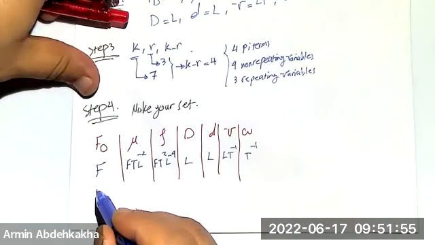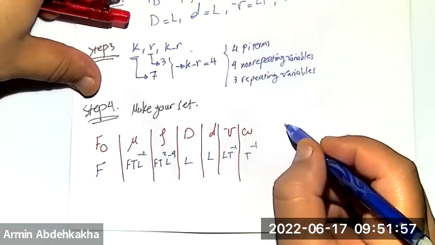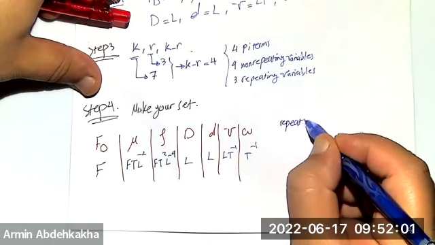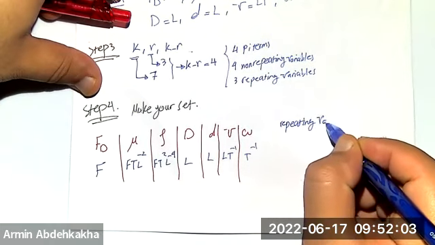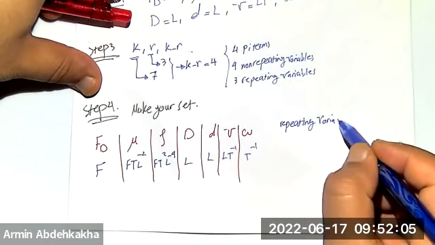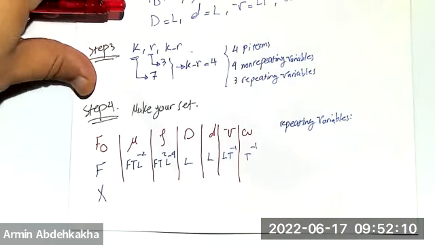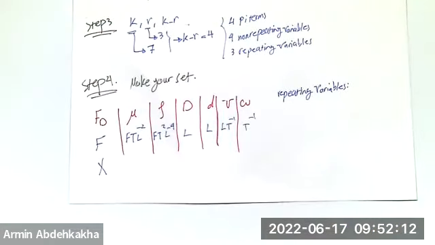So what are our repeating variables? This one should be used for sure, because the question told you that F is a dependent variable.